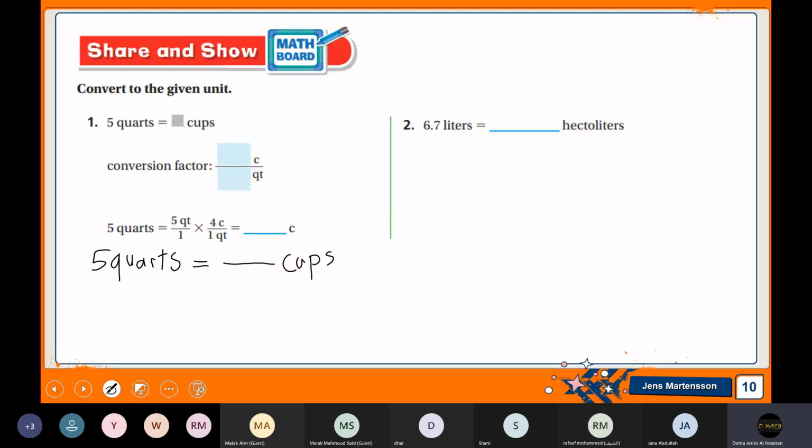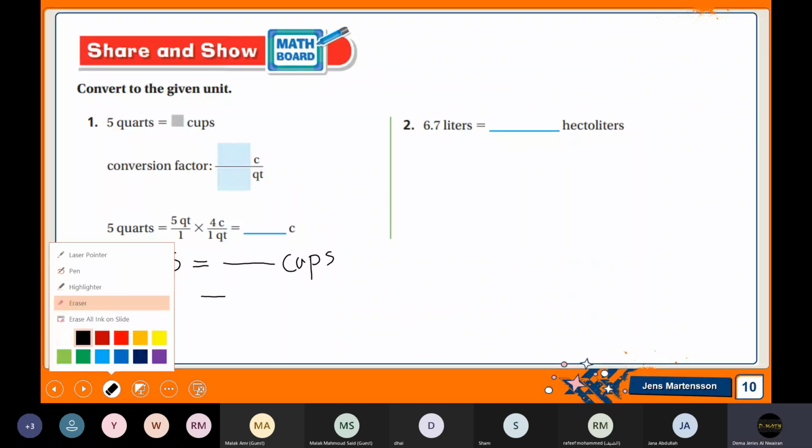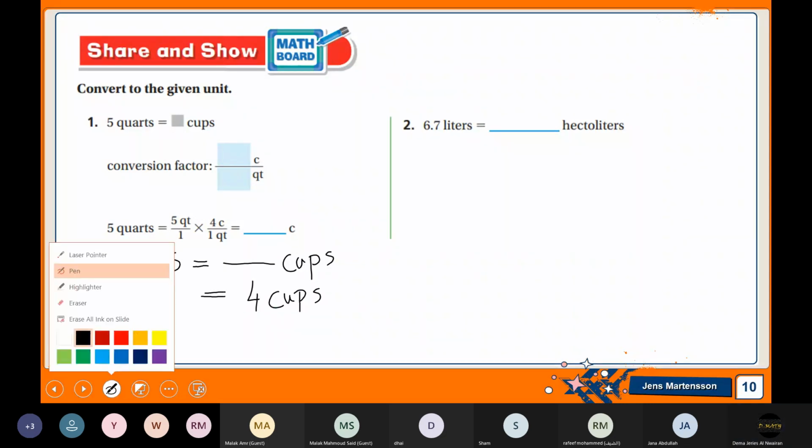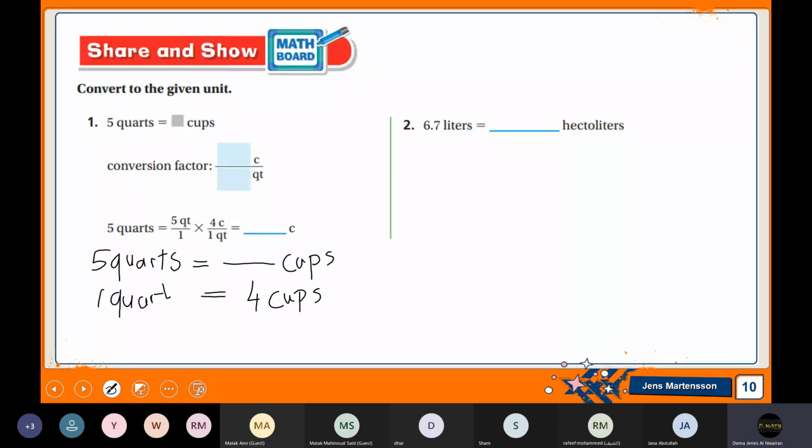If you know that each 1 quart makes 4 cups. Yes, Dai. 5 quarts. How many cups can you make with 5 quarts? If you know that you can make 1 quart with 4 cups, what will you do?